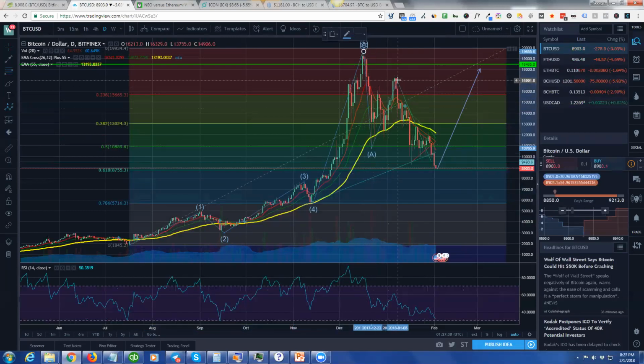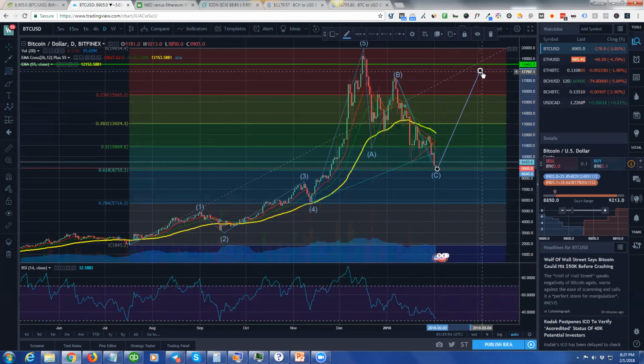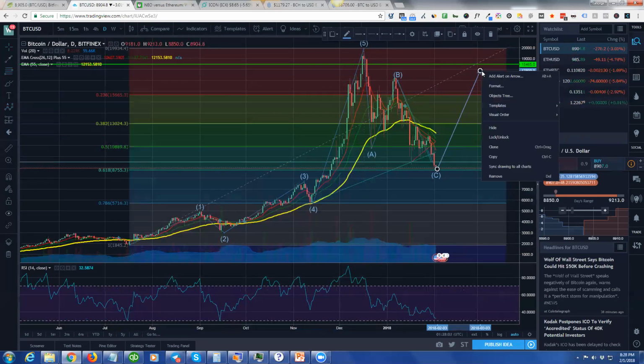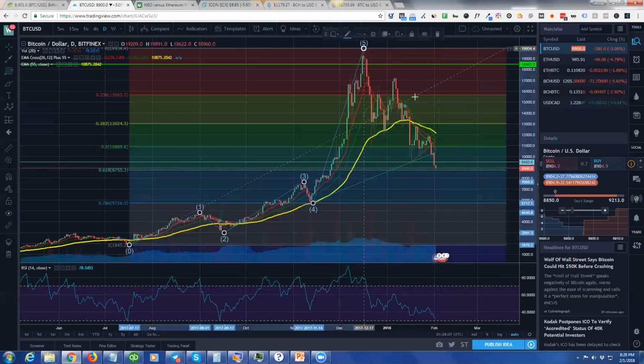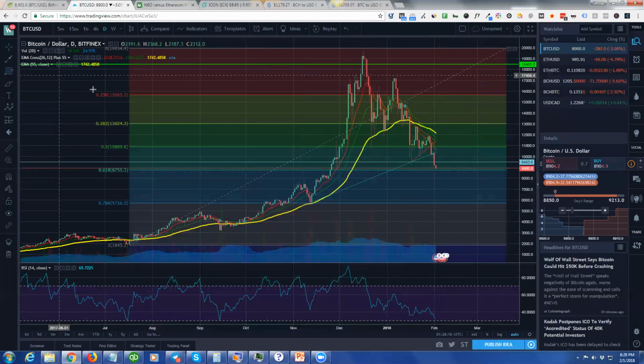So we go here, always retraces ABC correction, and then starts with our additional uptrend. So you always get your ups to a certain point, then you get your downs, and then we have our continuation. So as much as it's come down significantly, and we had to give back, we went up so quickly, we had to give back some of what we gained, and we certainly did that. We actually have come back $10,000 from our high, and it could end up being about 12,000 by the time we're finished.